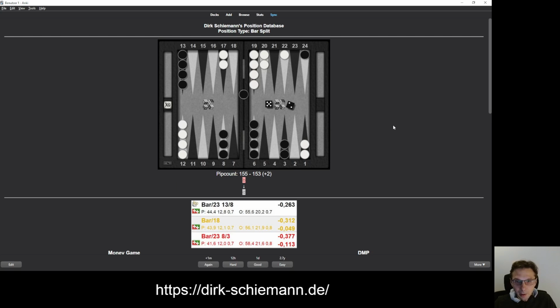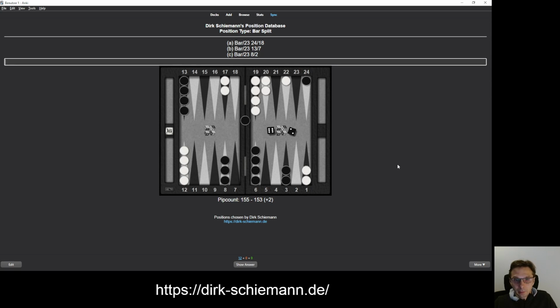So it is B, and what we got here, we see that every rule should be taken with a grain of salt, because we just said, okay, blot on the 3, so I really don't want to split to the bar, right? Problem here is you don't have any safe 6. As you can see, the race is even.